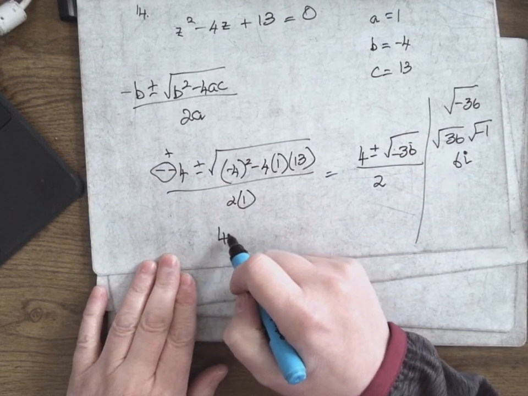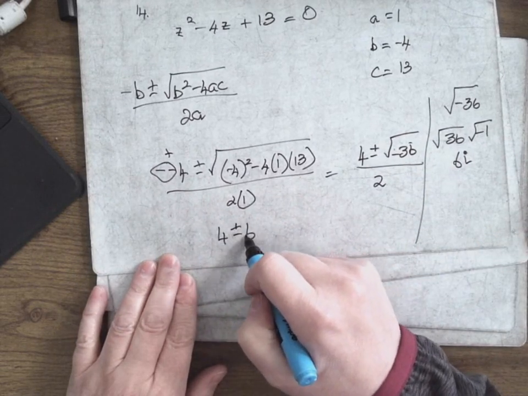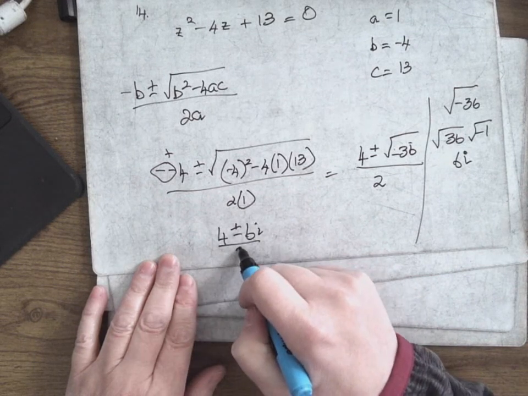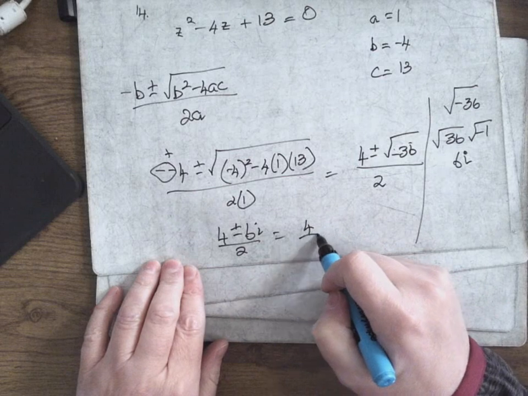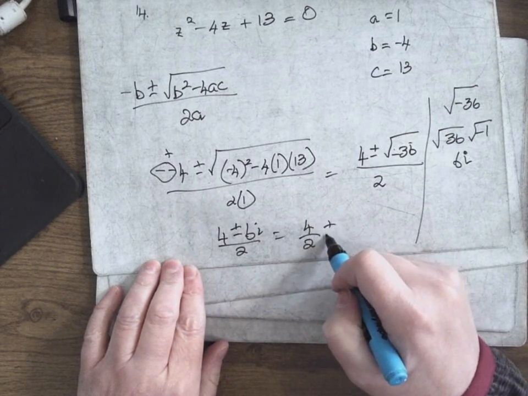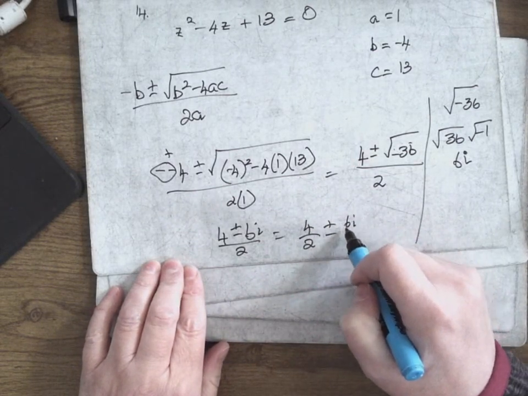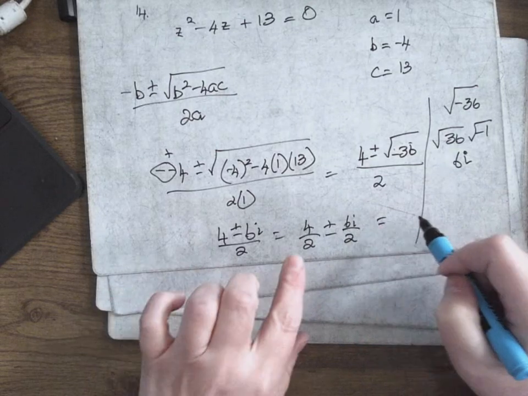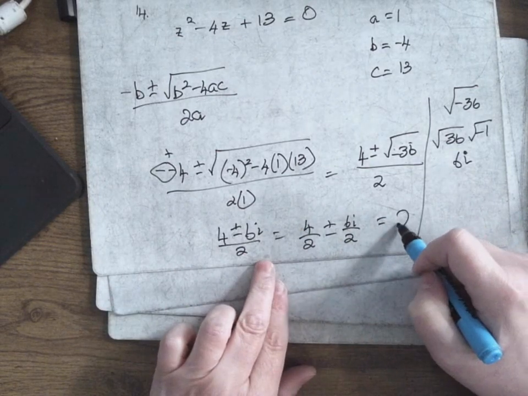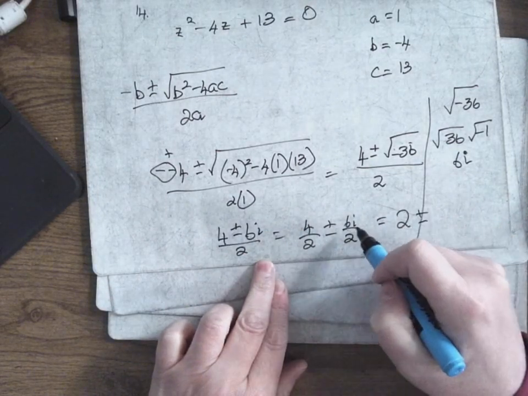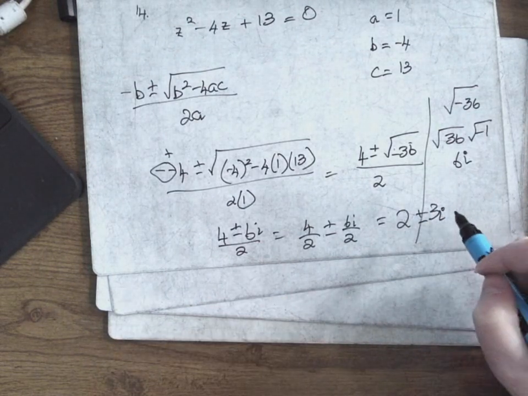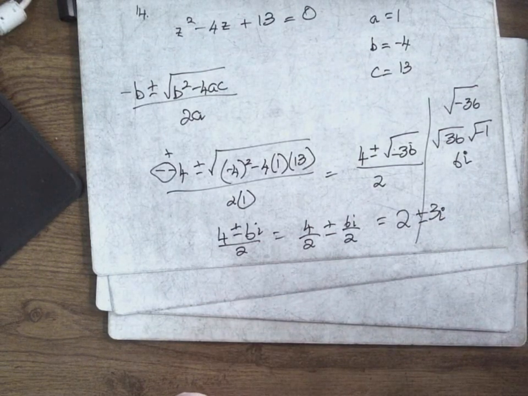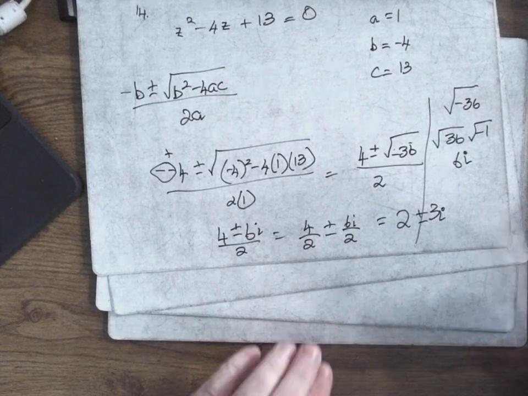So it's 4 plus or minus 6i over 2. Each one is divided by 2, so it's 4 over 2 plus or minus 6i over 2. 4 divided by 2 is 2, and 6i divided by 2 is 3i. So one answer is 2 plus 3i, and the other answer is 2 minus 3i.